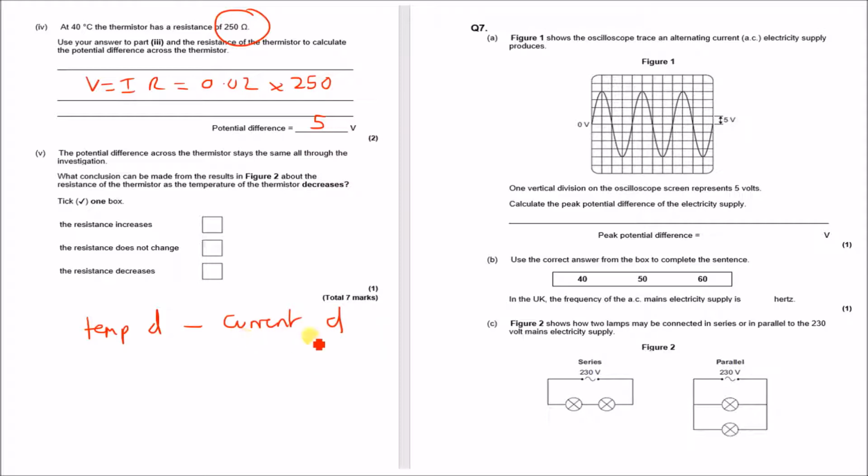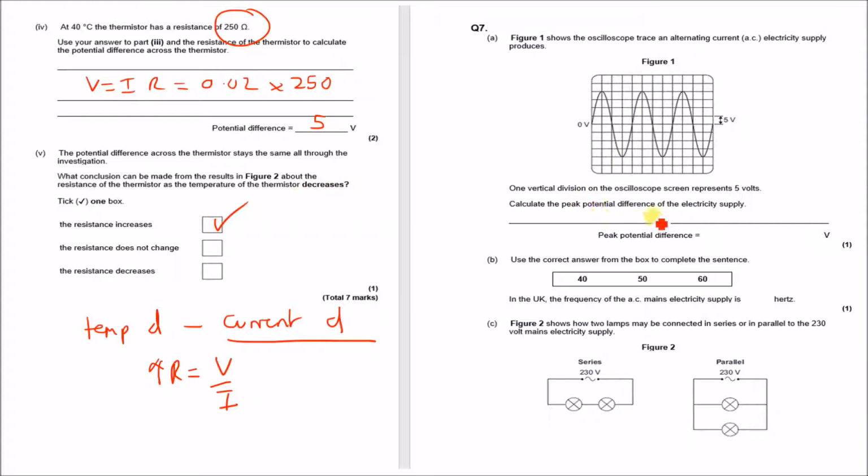Now if you decrease the current, that means the resistance must have increased. Remember, resistance is inversely proportional to current, or current is inversely proportional to resistance. So if you decrease the current, you must increase the resistance. So the resistance increases.